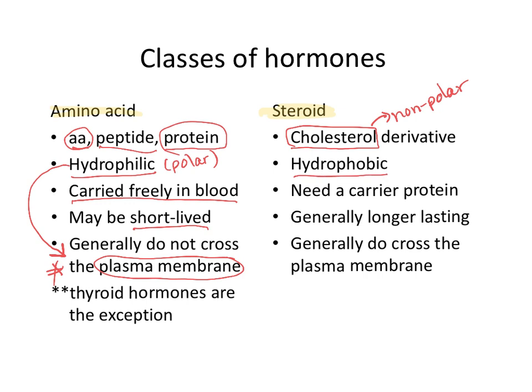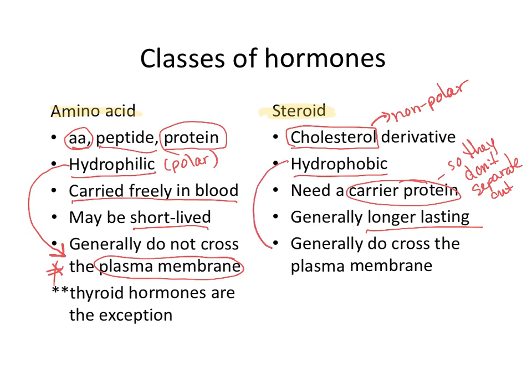Because they're hydrophobic, they don't mix well with water in the blood, so they have to have a carrier protein so they don't separate out. But interestingly, that carrier protein also protects them from being broken down by enzymes that are in the blood. Now, because these hormones are hydrophobic, they generally can easily cross the plasma membrane. So I'm going to put a big star here.